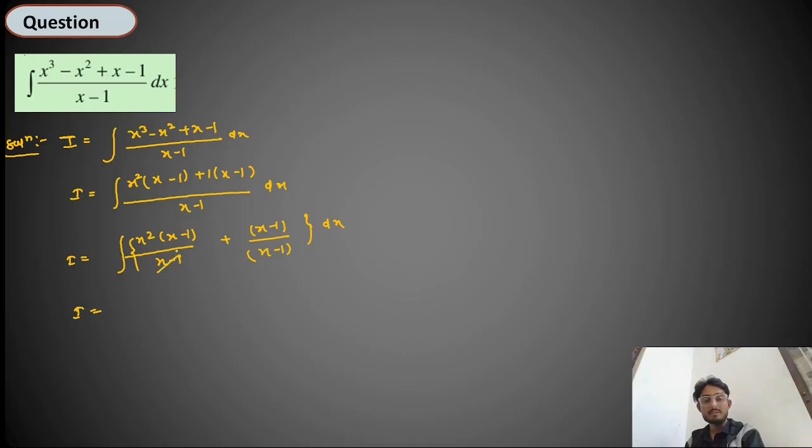Here this term will be cancelled out, so you get x square dx, and here also this term cancels, so you get dx. Integration of this term is x to the power n plus 1 upon n plus 1, and the integration of dx equals x, plus c.